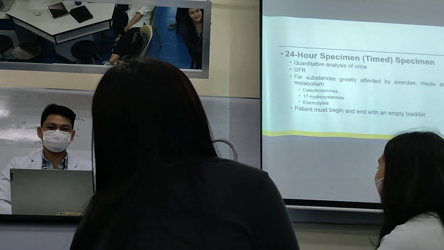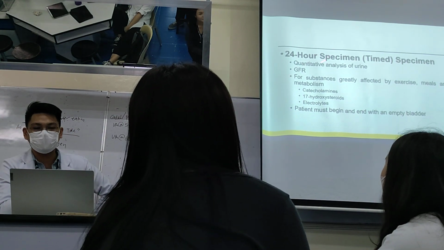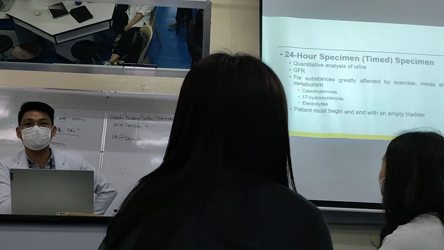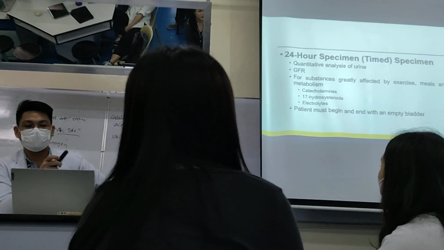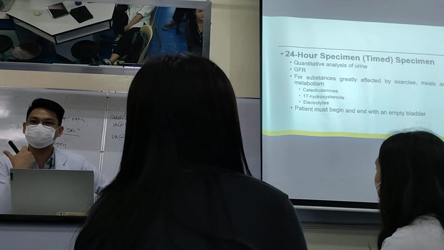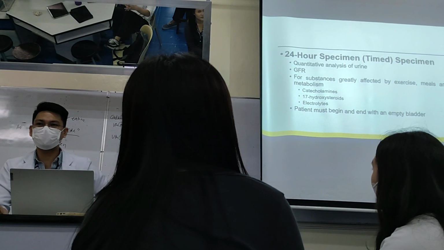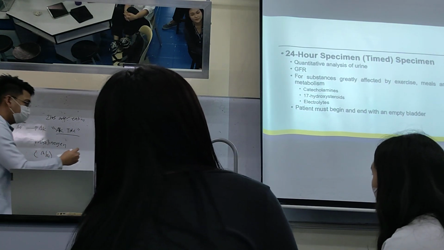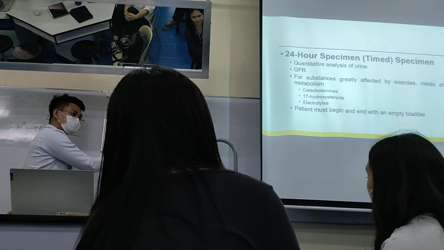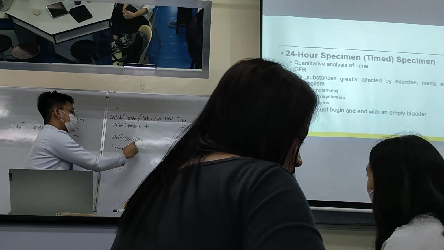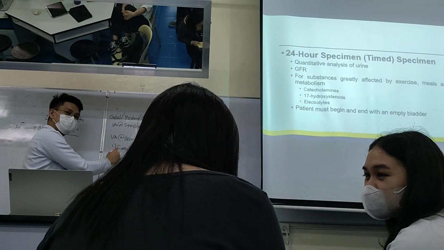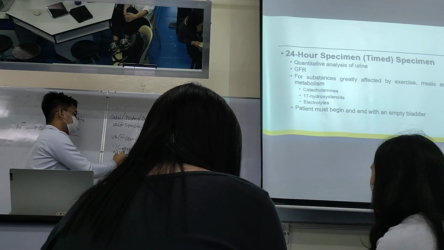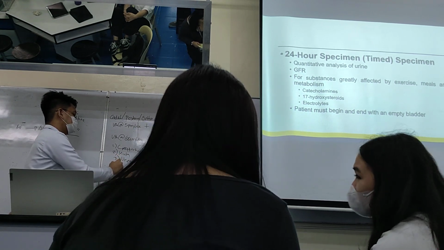Okay? So aside from the 24 hours specimen, quantitative analysis, this is also used to measure GFR, glomerular filtration rate. Now, what's the most common analyte detected to measure GFR? Creatinine. Number 2, inulin.